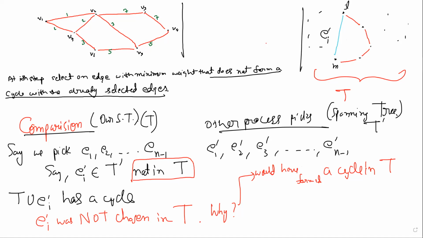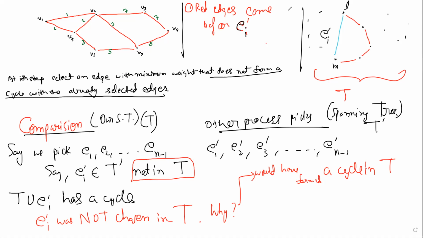So now we can assume that the red edges came before E i prime came, right? So let's write that: the red edges came before E i prime. The red edges that we can see. So now we have changed.